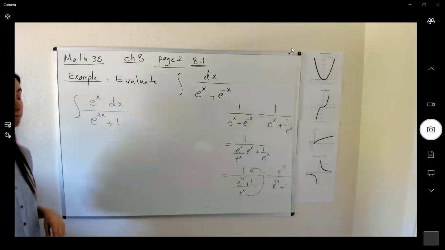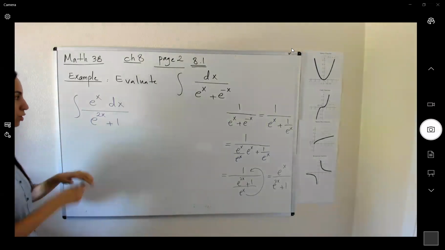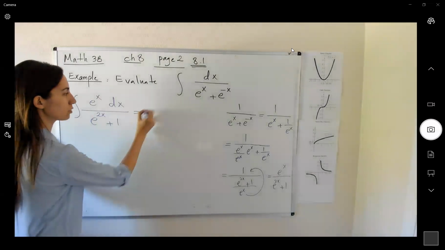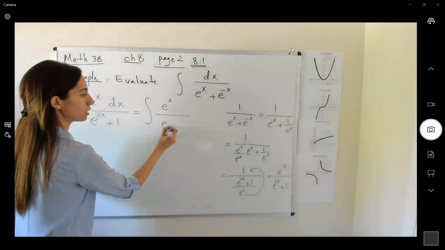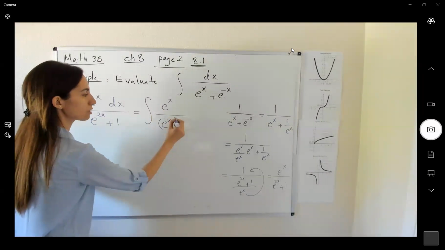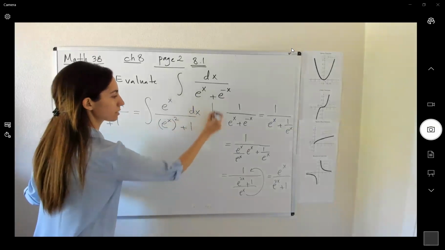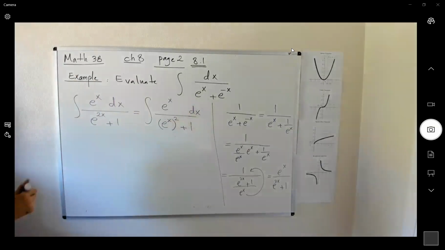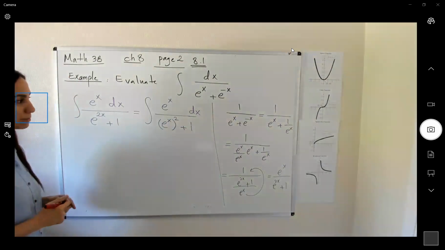Very well. I have e to 2x. So this guy is equal to the integral of e to the x raised to the second power plus 1 times dx. So I have e to the x down here.